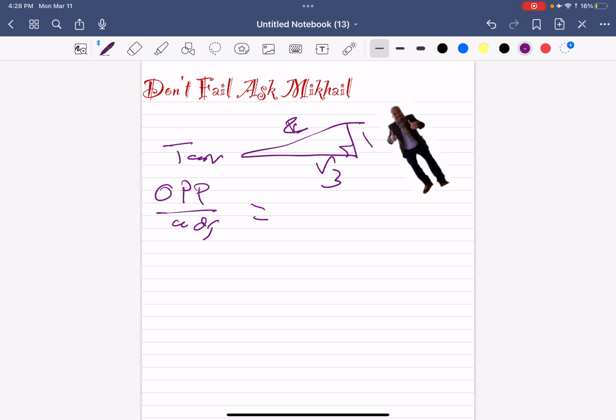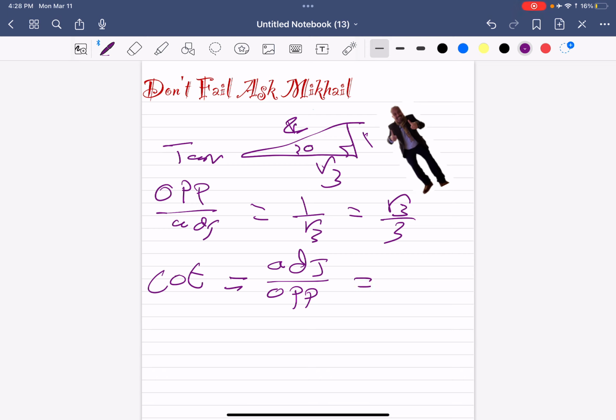So opposite over adjacent is 1 over radical 3, which is equal to radical 3 over 3. But how about cotangent? Cotangent 30 equals adjacent over opposite, which is radical 3 over 1. So that is adjacent over opposite.